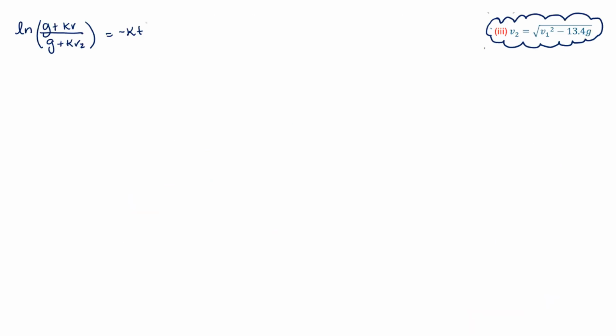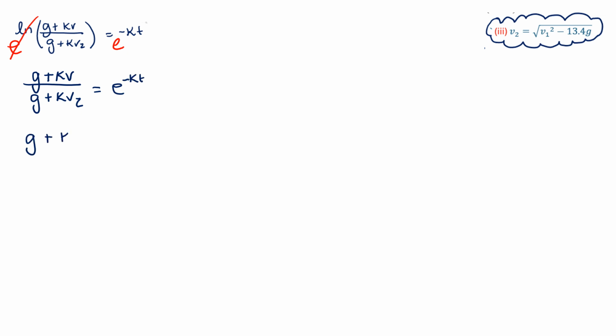Now, just a bit more space to finish this off. We're going to get rid of that natural log. Let's do e to the power on both sides. And we get g plus kv over g plus kv2 is equal to e to the minus kt.